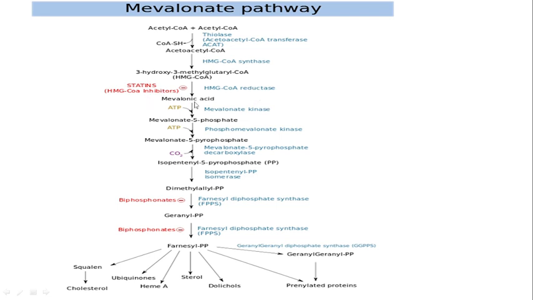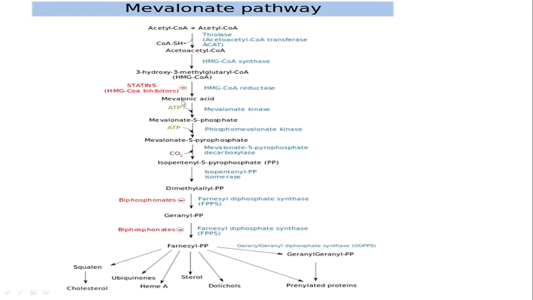Now that mevalonic acid, which is produced, is a 6-carbon compound and is not used as a building block, hence it should be converted into isopentenyl 5-pyrophosphate, which is a 5-carbon compound and is used as a building block for formation of isoprenoids.